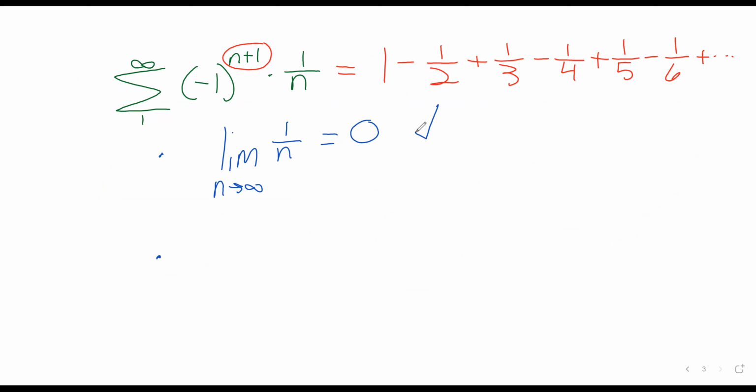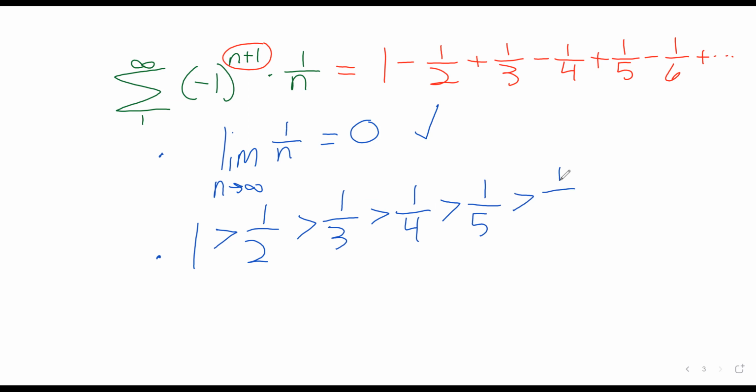And then we need the series to be what we call monotonic, which is just a multi-syllable way of saying that these terms get smaller and smaller as we go from left to right. And this is a true statement. In general, 1 over n is greater than the next term, 1 over n plus 1.